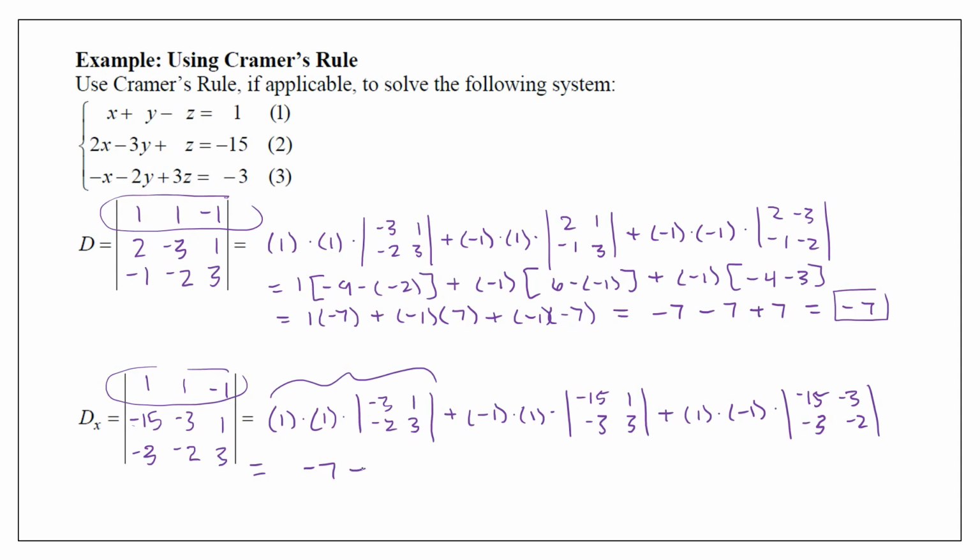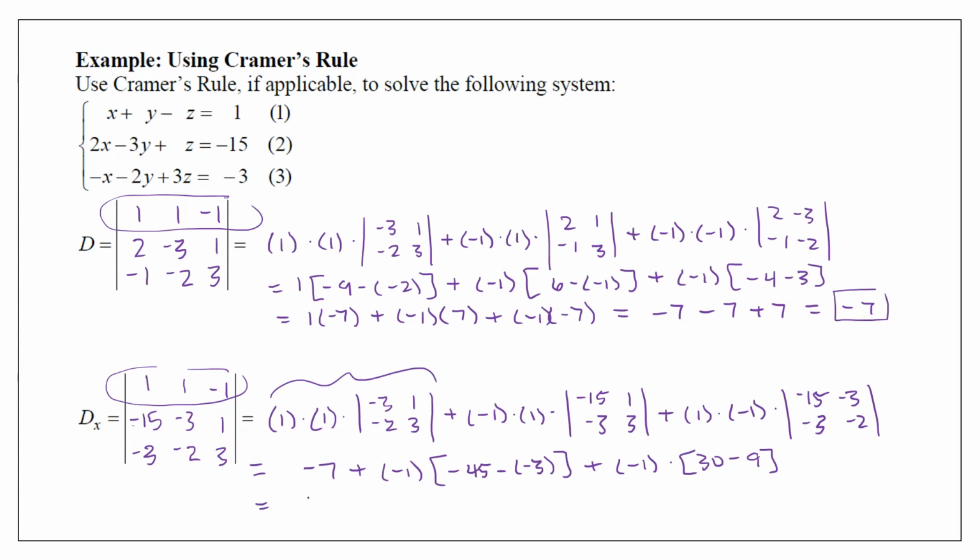So I'll have plus -1 times -15 times 3, which is -45, minus -3 times 1, which is -3, plus -1 times my determinant, which is -15 times -2, which is 30, minus -3 times -3, which is 9.